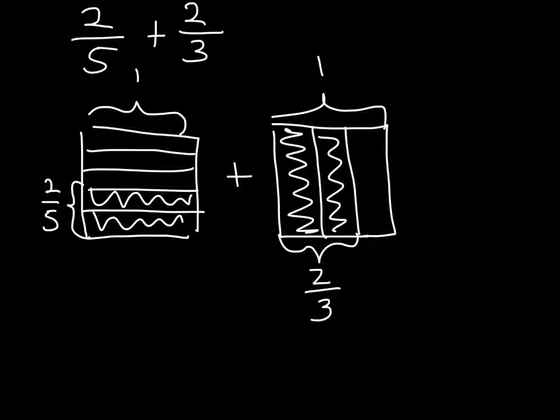One thing that I would like you to notice is that even though we have 2 parts shaded in of each model, 2/3 is actually much larger than 2/5. Since there are fewer parts, each part is going to be larger.